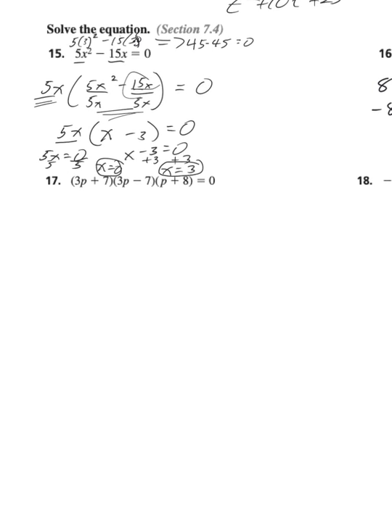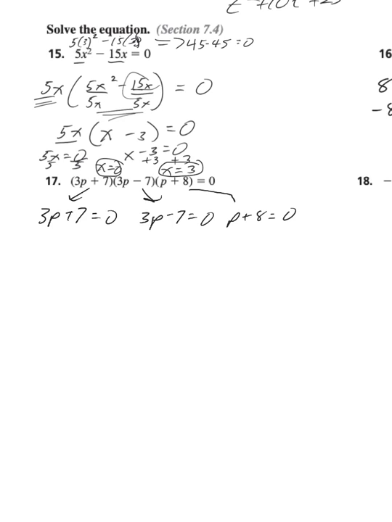This next one's going to be maybe a little easier. In this case, we have 3p minus 7 equals 0, and p plus 8 equals 0. So it looks like we're going to have 3 roots.